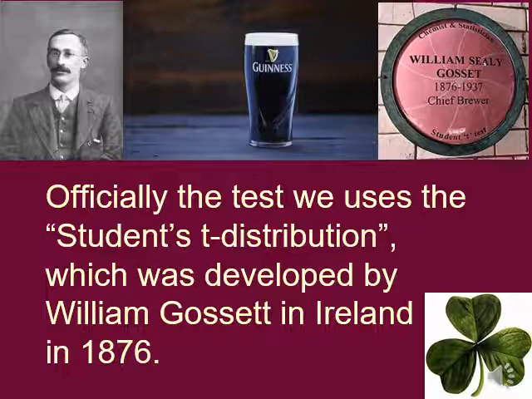But after he did, Guinness claimed that they had all of the rights to the work that he had done. To get around that, since he wasn't getting along with his former employer, he published all of his work under the pseudonym Student, so that it was all public and Guinness couldn't claim the rights to it. So that's why today we have the student's t-distribution.